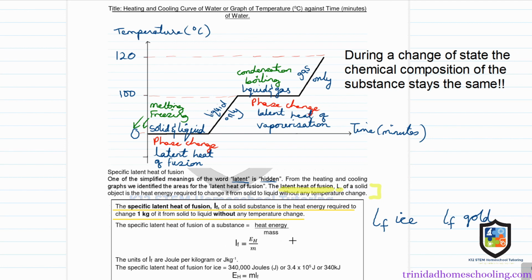So here we have L subscript F is equal to E subscript h over M, where E represents the heat energy, and this little h just shows that this energy is due to heat. Later on you will learn about different types of energy. So we use this h here to show that this is energy due to heat. And the M is for mass. So this formula you would need to learn as well.